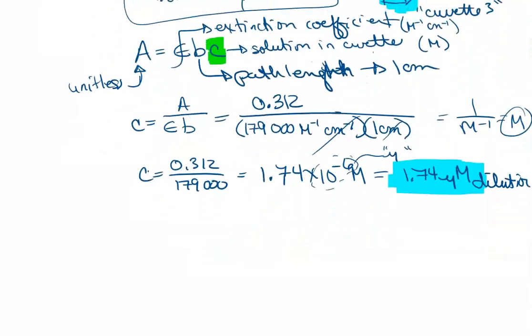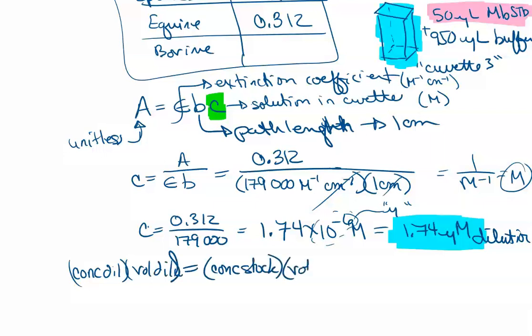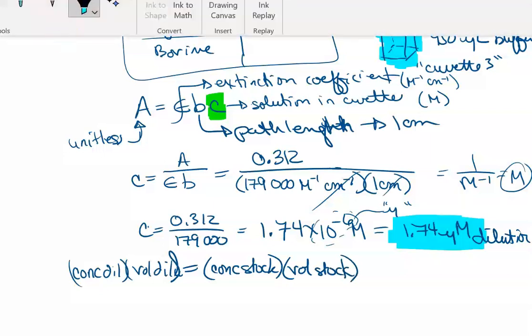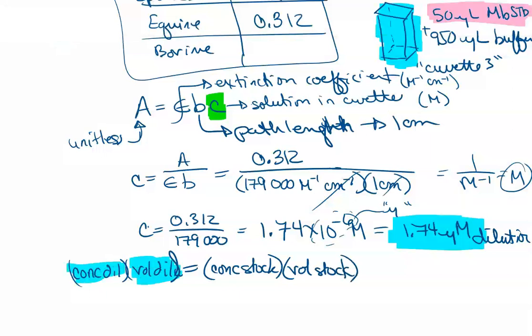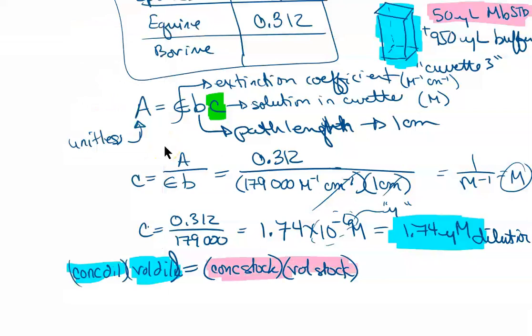Let's use our C1V1 equals C2V2 equation, where we have the concentration of the dilution times the volume of the dilution is equal to the concentration of the stock times the volume of the stock. And I'm going to keep color coding this so that you can trace it easily. What numbers can we add here?